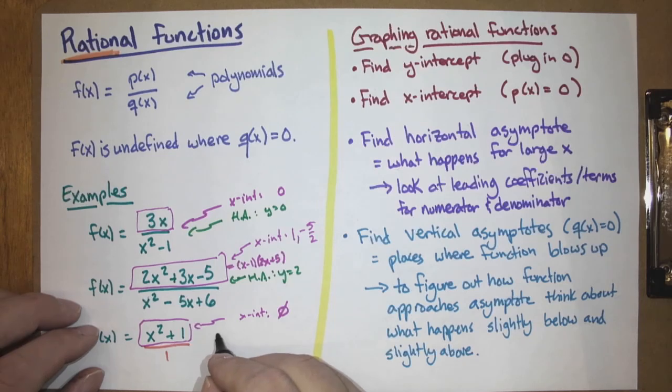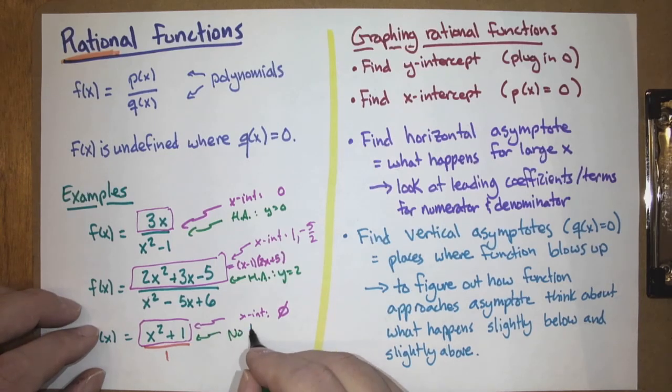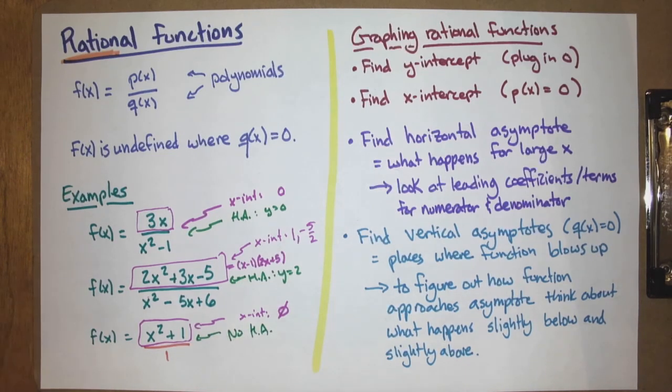So this has no horizontal asymptote. In particular, if the degree upstairs is bigger than the degree downstairs, there's no horizontal asymptote. It's going to get big. Now, if you took an algebra class, you may have heard of things called slant asymptotes. We're not going to go there. That's not us. All right.